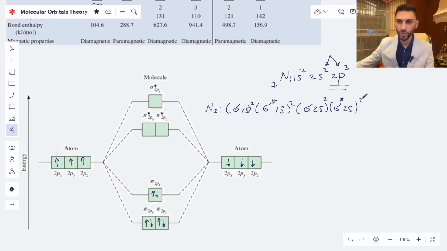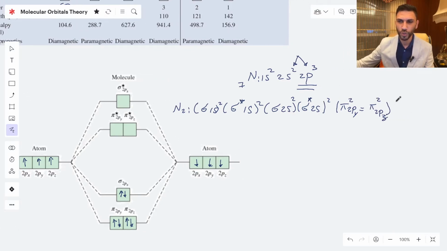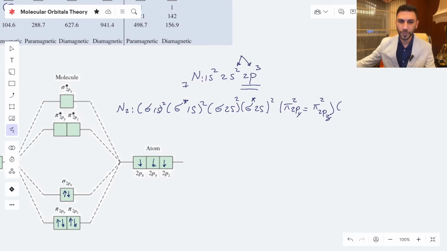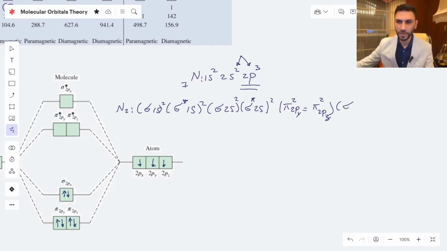Also we have 2, and then after that we start with the pi, which is pi for 2py, which equals pi for 2pz. Here we have 2 electrons and 2 electrons, and the last one is going to be sigma 2px, and also we have 2 electrons.